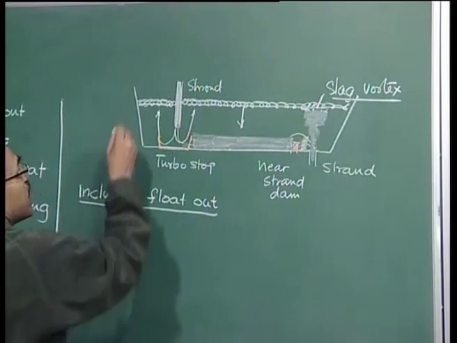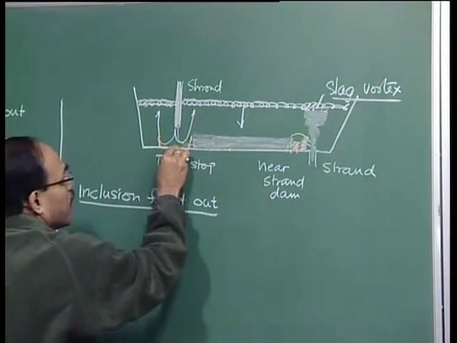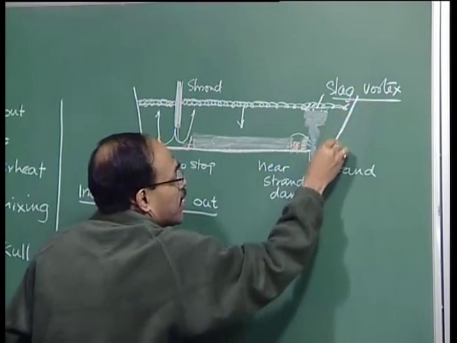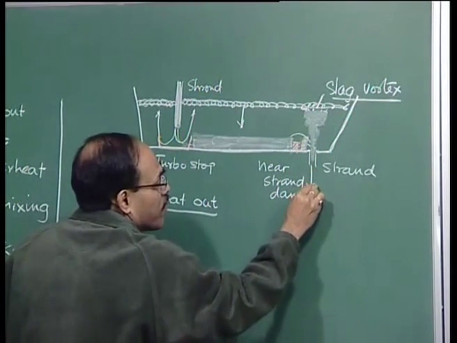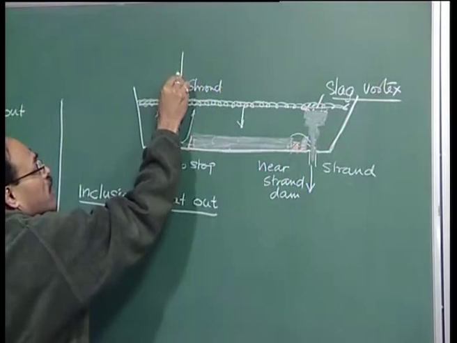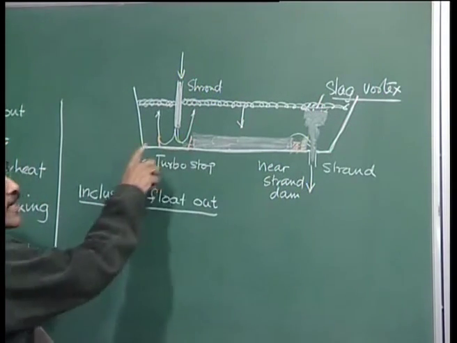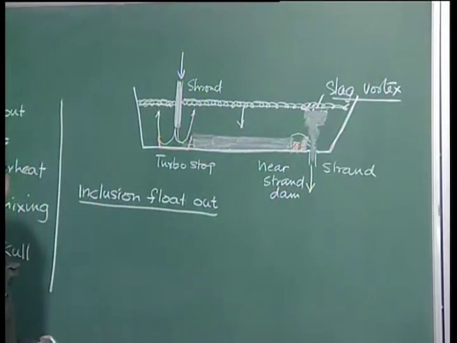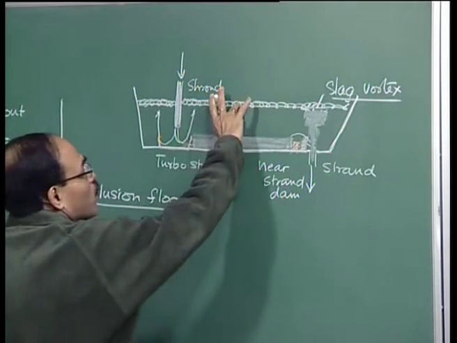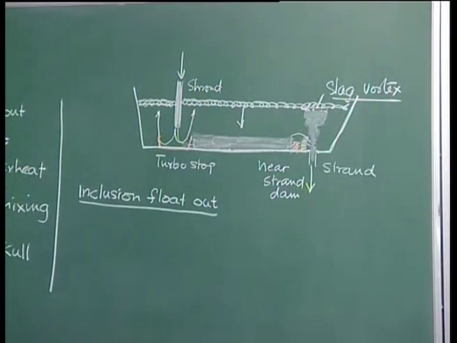So, at this stage the tundish is operated under steady state, the bath height is maintained constant, and so is the casting rate. The amount of molten metal which comes into the tundish is exactly equal to the amount which goes out, and as a result we have a constant bath depth. This is known as the steady state operation of the tundish.